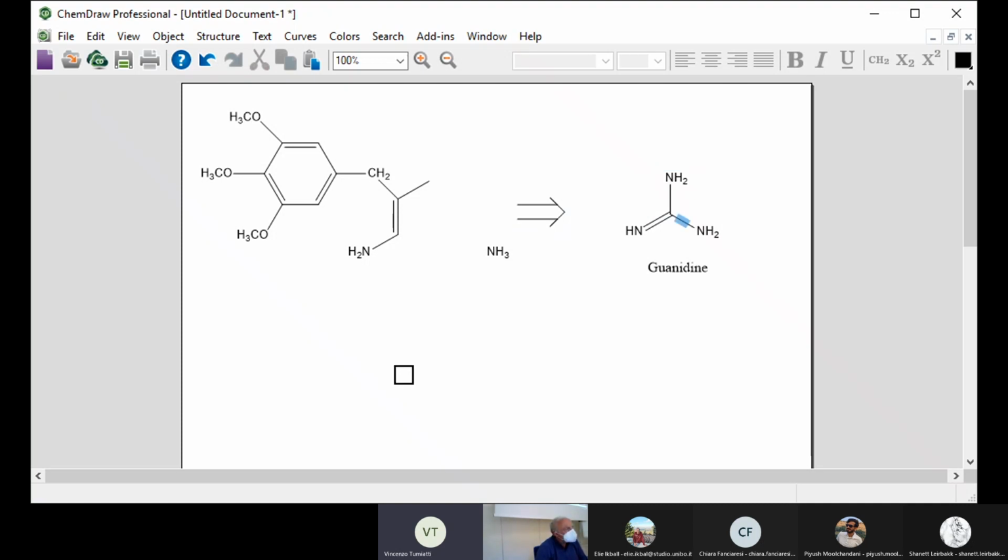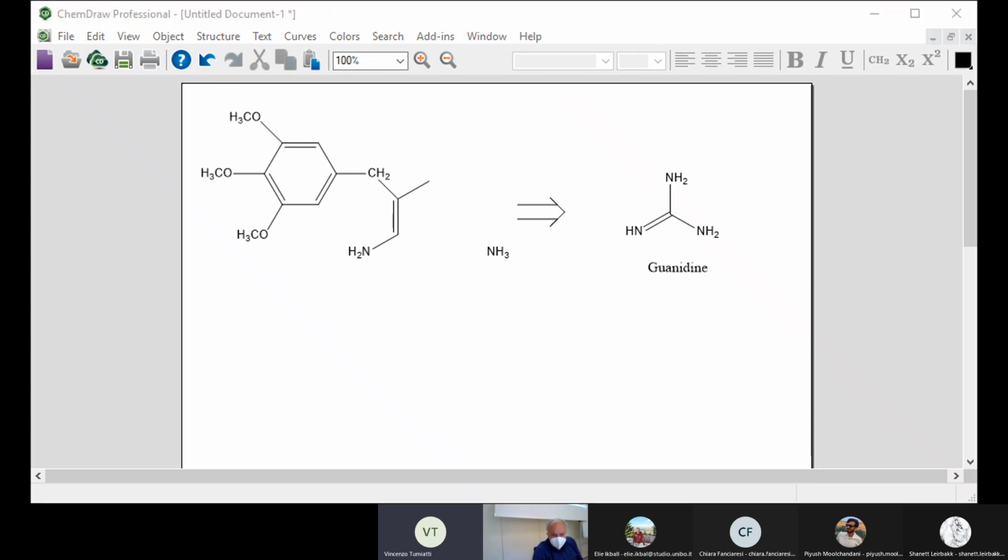Now we're doing retrosynthesis, so from the end. But now we see the real synthesis. It's just a comment. So we need the guanidine as a starting reagent, but also another reagent with two optimal leaving groups. This is the problem.